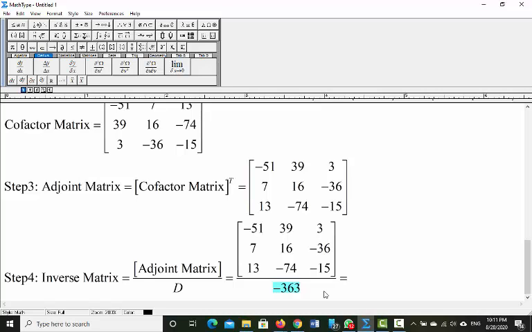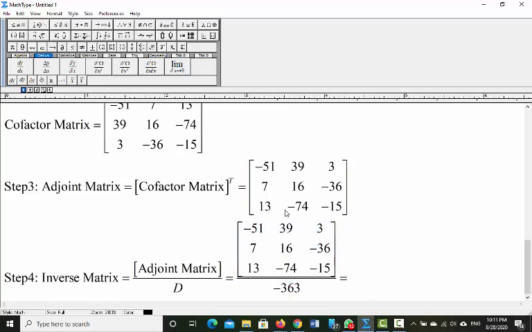Similarly, when you want to divide a matrix by a scalar, you need to divide all the individual elements of the matrix by that scalar. So we will divide all the individual elements inside the matrix by 363.